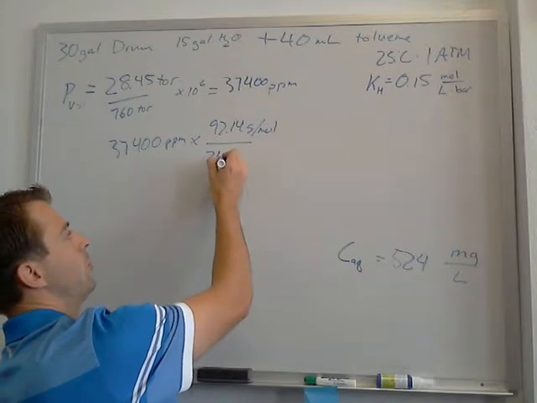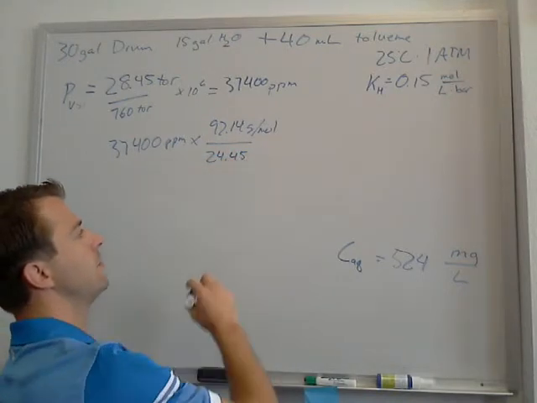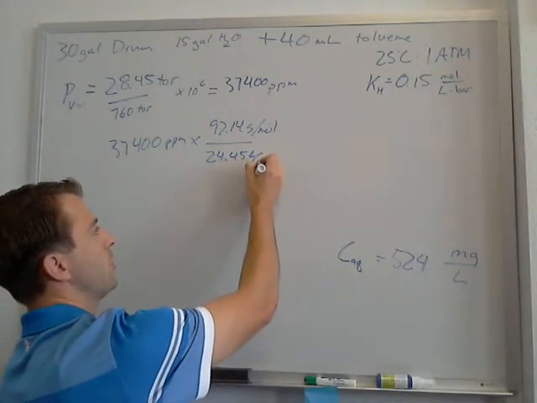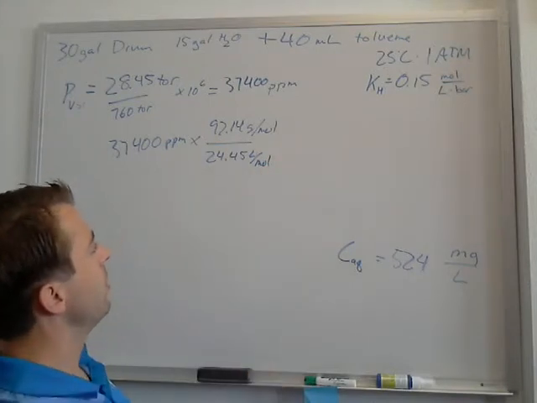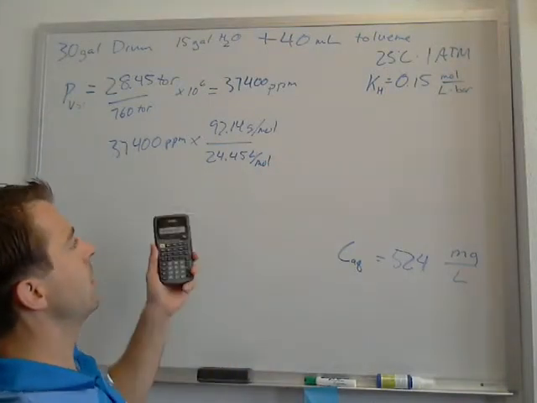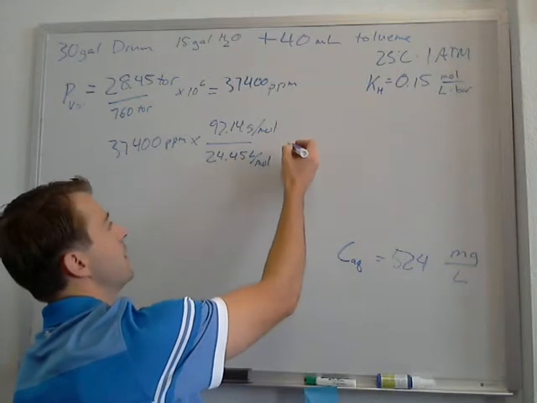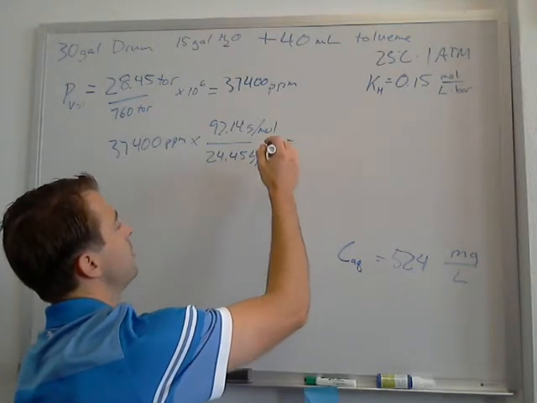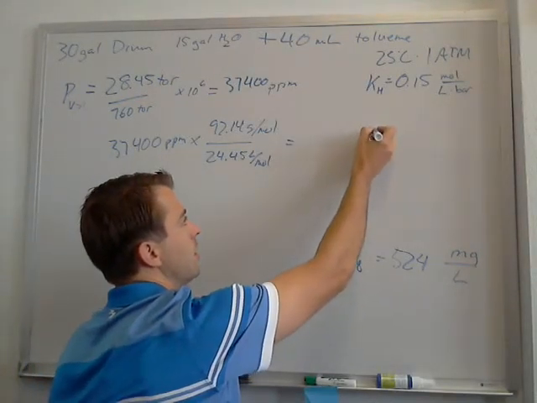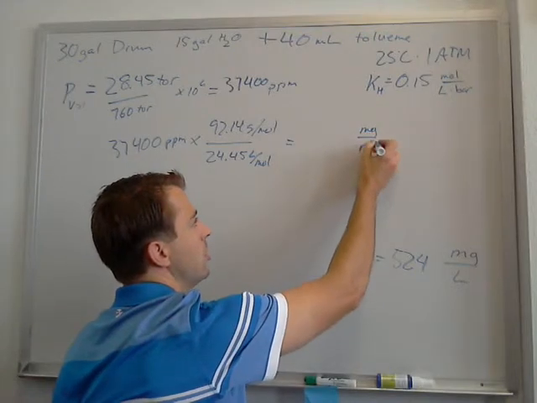So 24.45 is the volume. That's liters per mole. The volume that 1 mole of ideal gas will occupy. We're assuming ideality. And so this gives us milligrams per cubic meter.